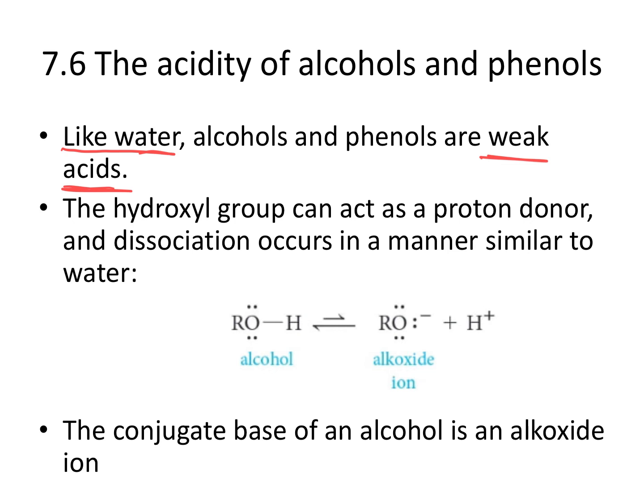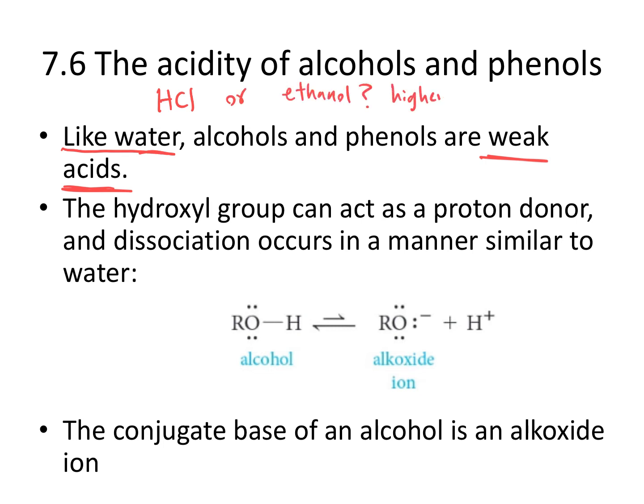Okay? So if I give you a strong acid and an alcohol, for instance, ethanol and hydrochloric acid, and I ask which one has the higher acidity constant, hydrochloric acid or ethanol?